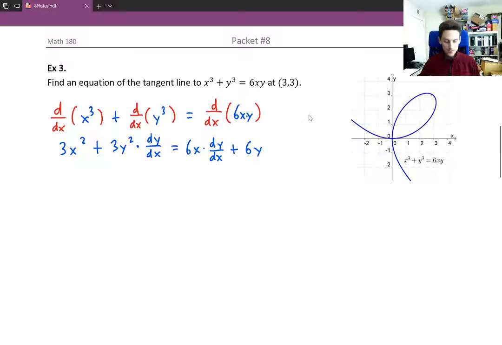Here I'm tagging the 6 along with the x. You could pull it out of the derivative if you wanted to and just focus on x times y and do the product rule there. But here I'm tagging the 6 along with the x, treating 6x as the first function. So again, let me just write it down. We're using the product rule here. And with the derivative of y cubed with respect to x, we're using the chain rule.